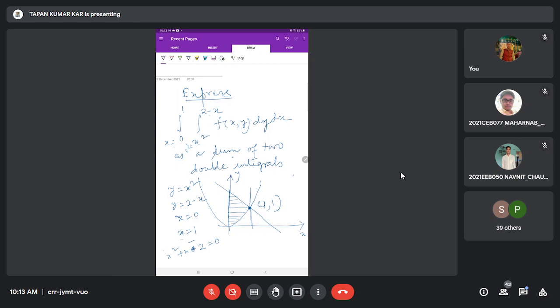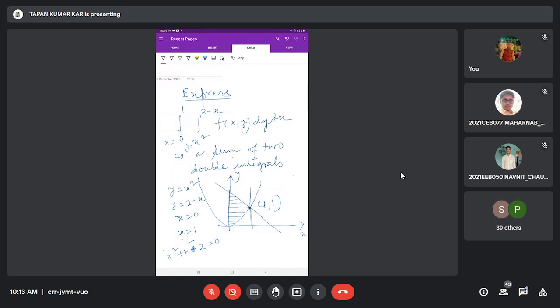And your question is to express dy dx as a sum of two double integrals. So any idea how you will divide it into a sum of two double integrals? Even if it is not given that you divide it into two double integrals, you can still do it to evaluate this one. But here you cannot evaluate because f(x,y) is not given. If f(x,y) is given, then you can evaluate.